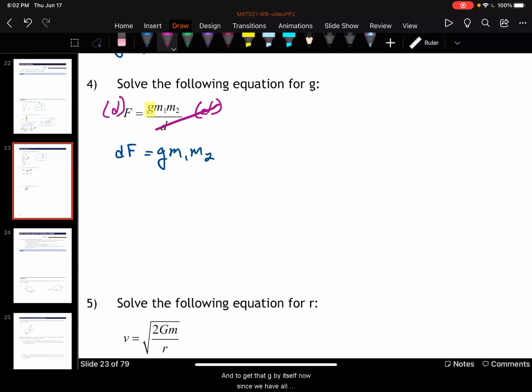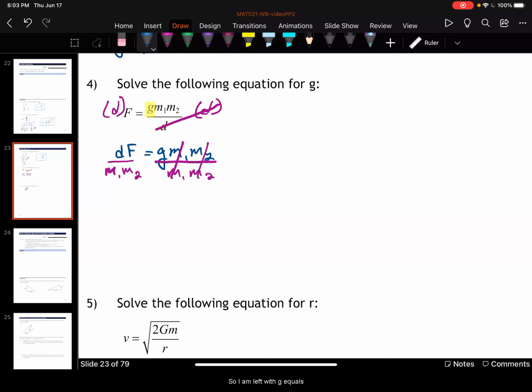Okay, to get that G by itself now, since we have all multiplication, we can divide. I'm going to divide by m1 and m2. Make sure you do it at the same time, otherwise you're going to end up with some weird looking fractions, and you can only have one fraction in your final answer. You can't have stacked fractions. Okay, so when I divide here, the m1 and the m2 will divide out.